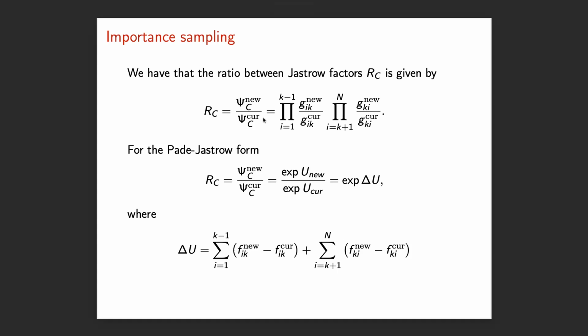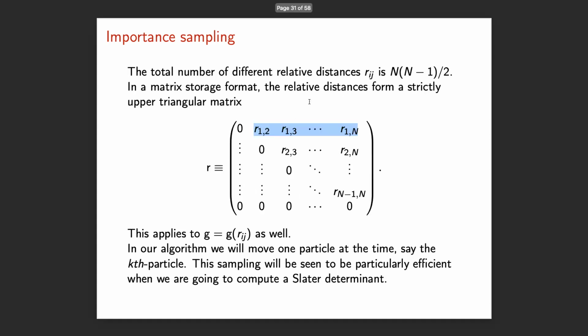So this ratio is going to be given by the new one and the current one. If you move one particle at a time, as I said here, there is only one set of entries which will be changed. So if I'm moving particle 2, these entries will be changed, but I also have to pay attention to this one. Okay?